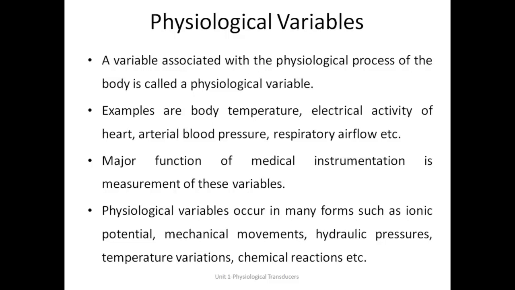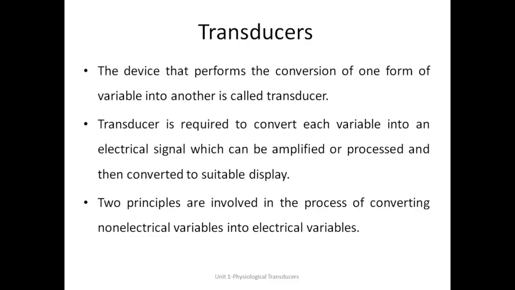So whenever we design a medical instrument, we will be talking in terms of mechanical movements, pressure changes, temperature variations, and then relate it to the particular physiological process, like blood pressure or respiratory airflow, etc. So a physiological variable means any physical quantity that changes with respect to time and relates to the physiological condition of the human being.